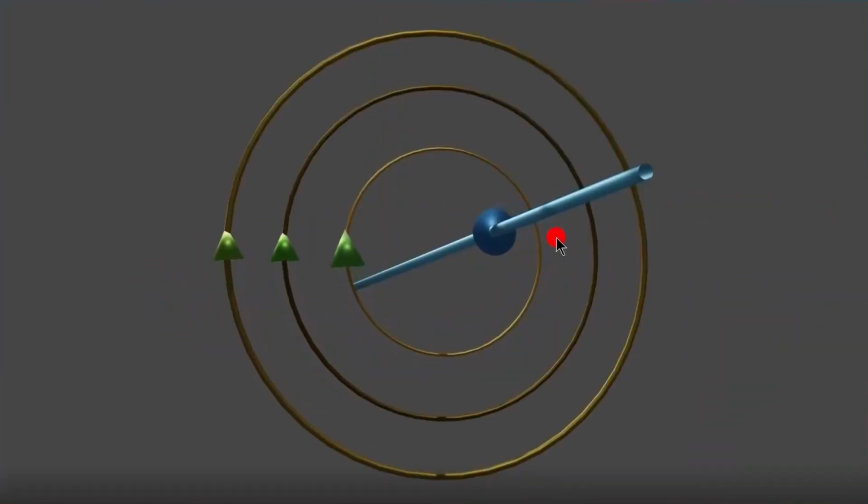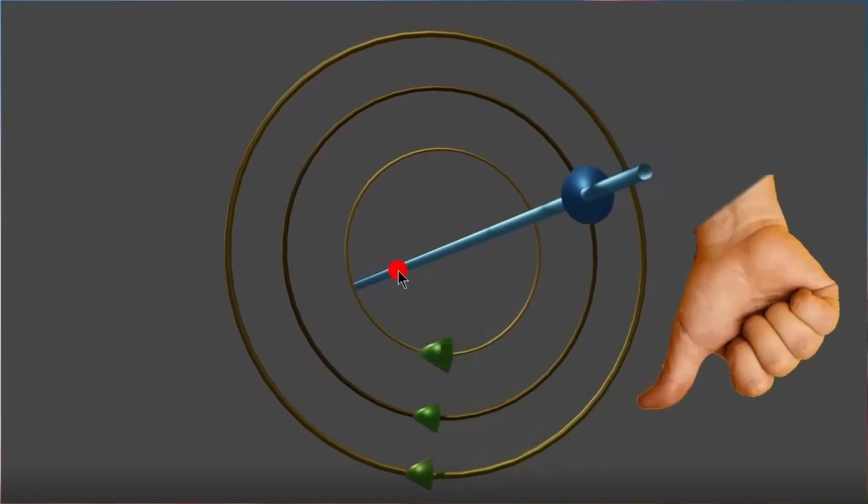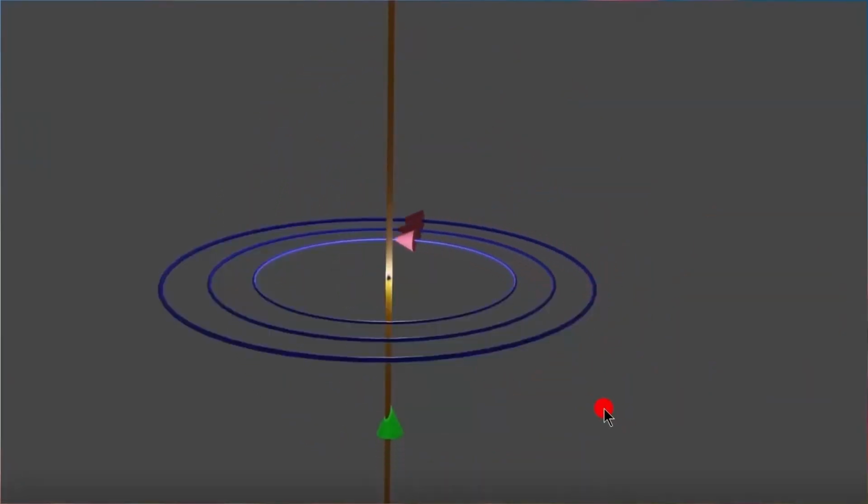This is another view of the same conductor where current is going in this direction. That is, the thumb is in the direction of this current and the finger indicates the direction of magnetic field. While current is going upwards, the direction of the magnetic field also is reversed.